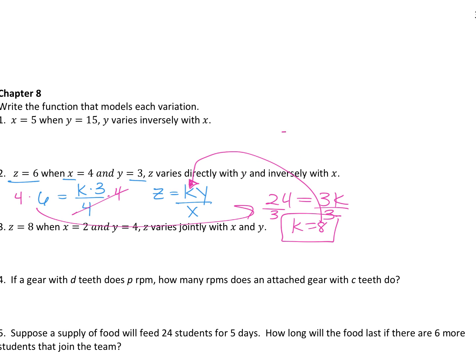So it would be z equals 8 times y over x, and that would be your equation. Okay. Anything else? Jointly would be multiplication, yeah. Yep. You'll multiply a couple things then. Good?